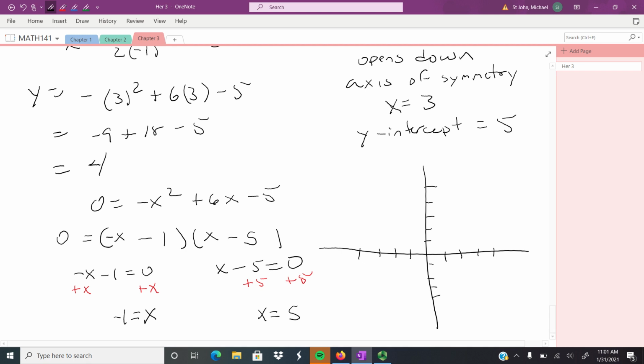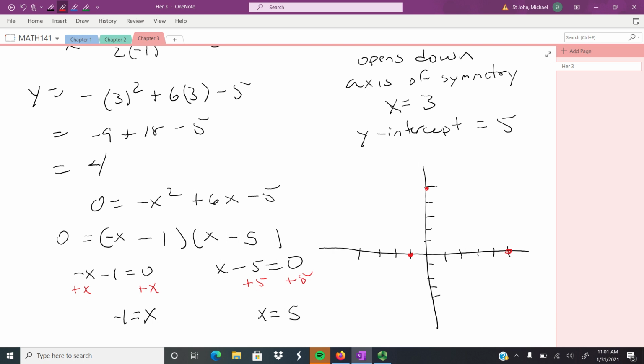The x-intercepts are at negative 1 and at 5. Those are those. The y-intercept is at 5, and that's going to put me there.